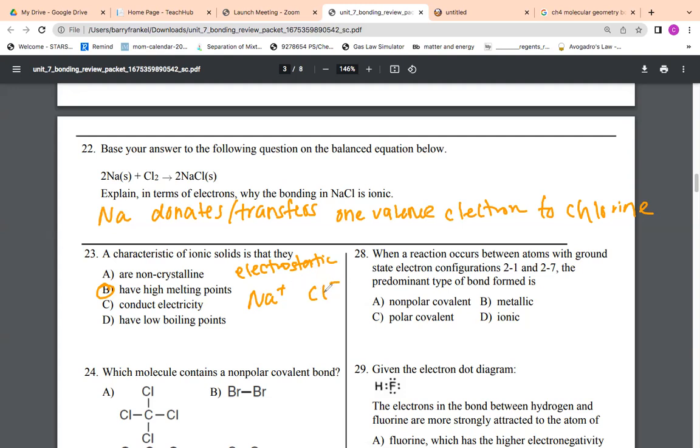It's not like a polar covalent bond where only partial charges keep them attracted to each other. In order to break apart these positives and negatives, it takes a lot of heat to melt them. So they typically have really, really high melting points.